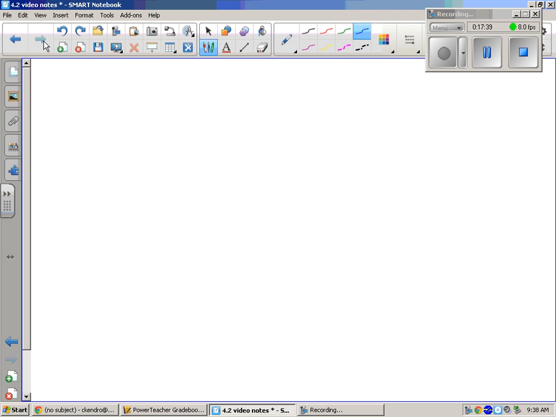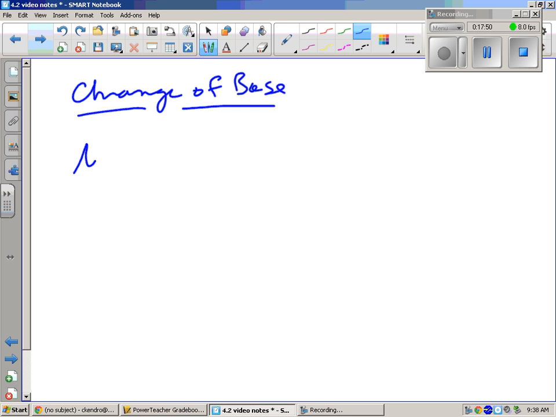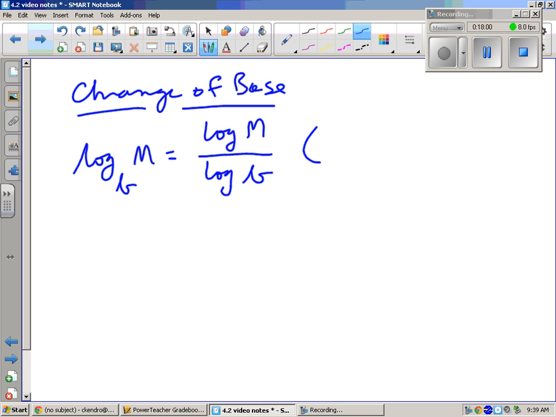Okay, last idea here. Rule number 4 is called the change of base rule. Now this is a nice handy dandy rule. If I have log base b of m, I can break it into log of m over log of b. And this becomes the common log of base 10, so you can do it on your calculator.